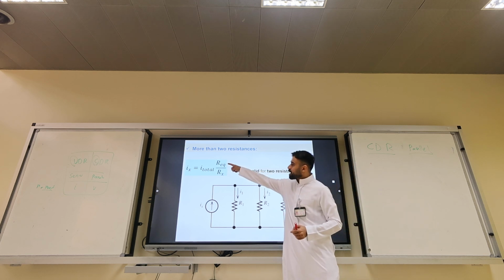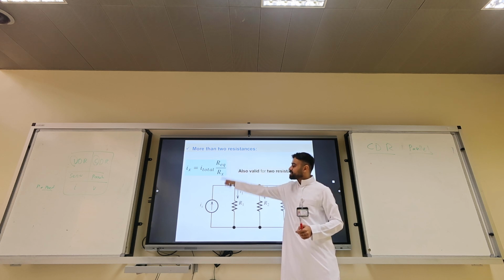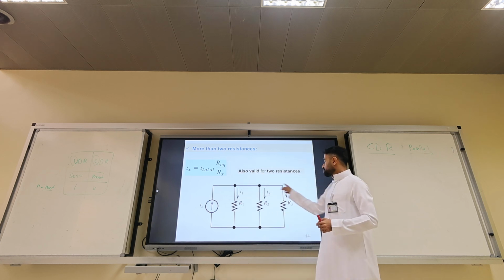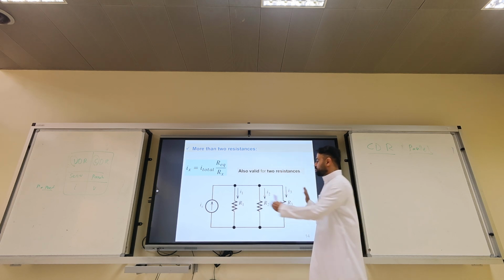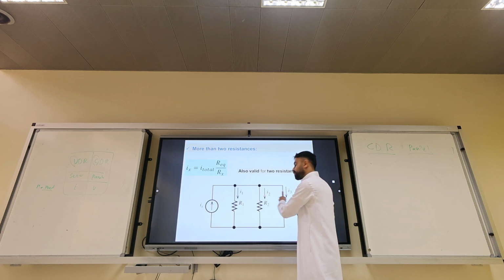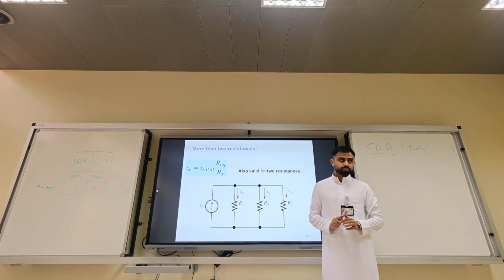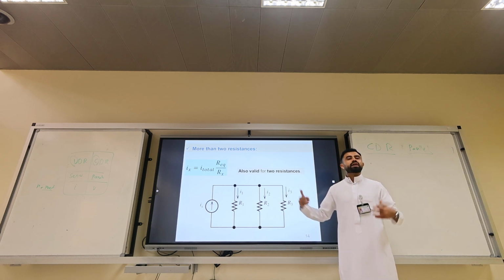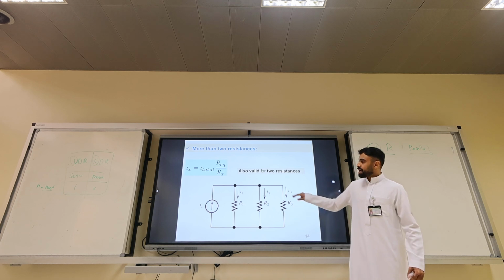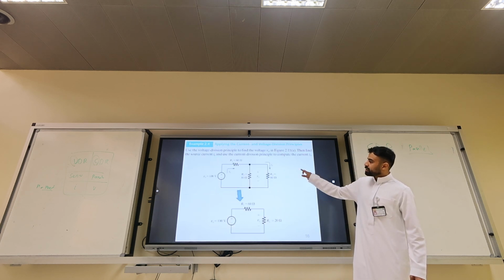So do we expect R equivalent to be larger than Rx? No. Always smaller. So the current gets distributed among I1, I2, I3. If you want to calculate I2, for example, you have to calculate R1 parallel with R2 parallel with R3, over R2. Now this formula becomes handy to save time in the exam. Get it? Let's do a quick example.